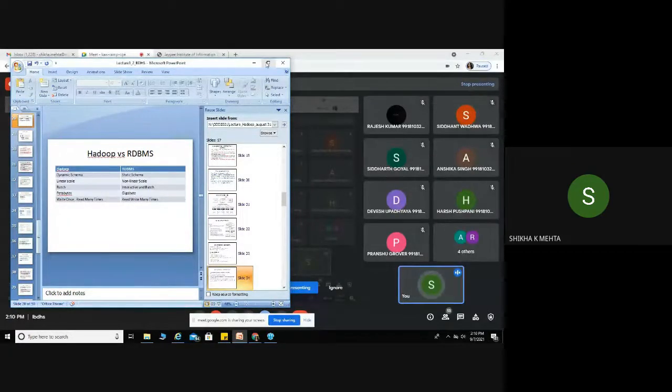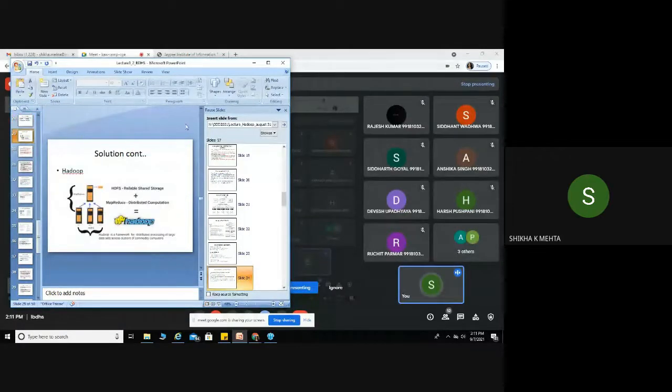Can you tell me what type of application your Facebook, Twitter, and Instagram are, in terms of read-write operations? You all have accounts on Facebook, Instagram, Twitter, and so many other social media web applications.